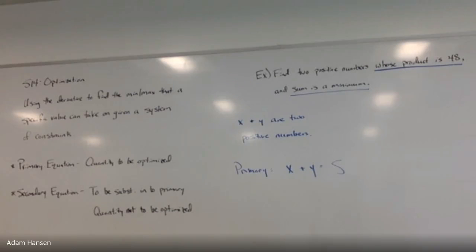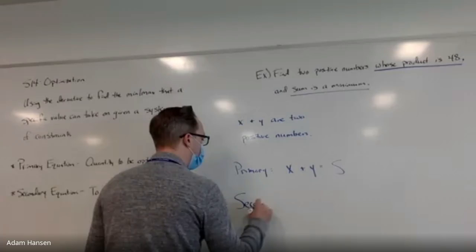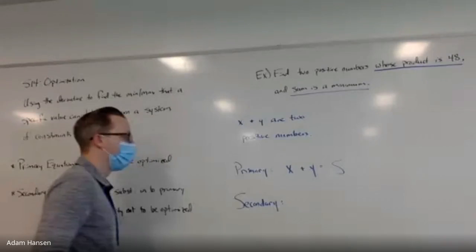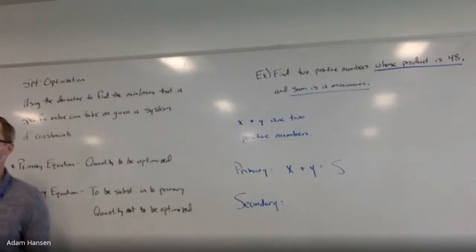What else do I know about this pair of numbers? That's going to be the secondary equation. That's some other constraint that is not a part of the optimal value. I'm not trying to make the product a minimum or maximum.